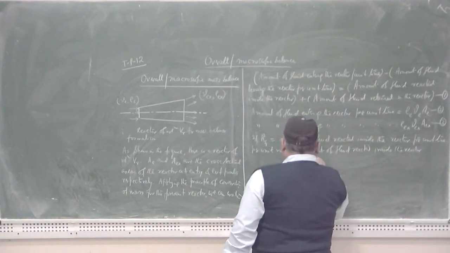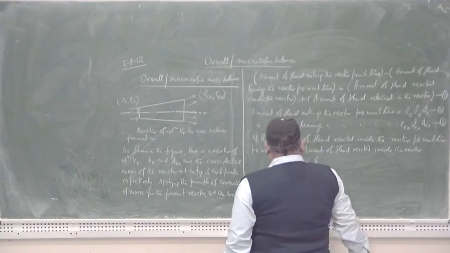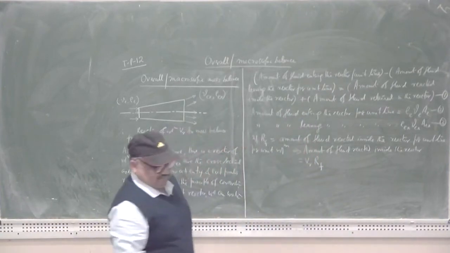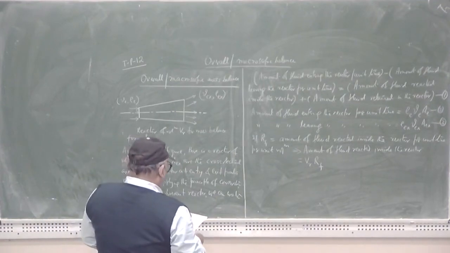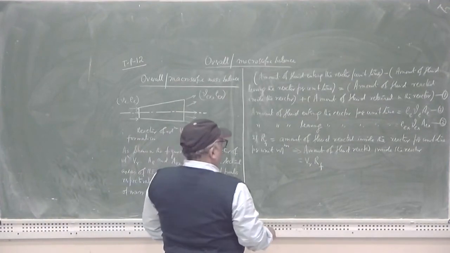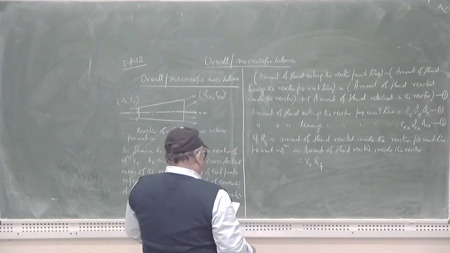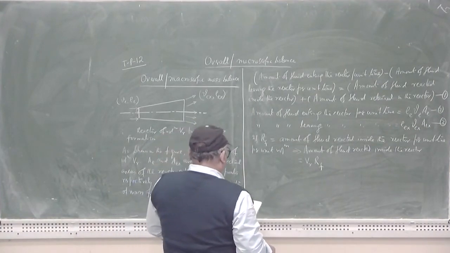Volume of the reactor into RF, that is equal to VR into RF. Let it be equation number 4.